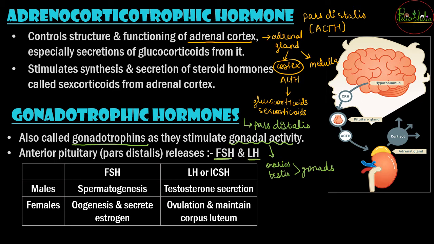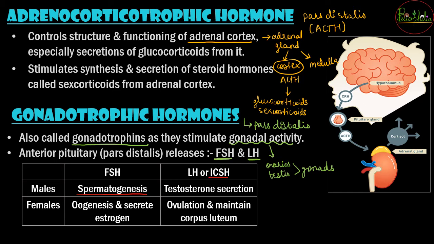So what is going to be the function of FSH and LH? So FSH in males, it is going to function for spermatogenesis, that is formation of sperms. In the males, the LH is going to be called as ICSH. So ICSH क्या है? ICSH is going to be interstitial cell stimulating hormone.